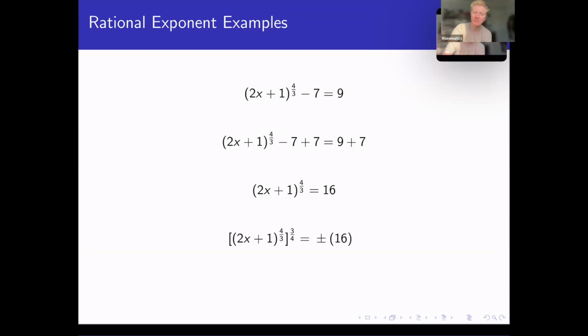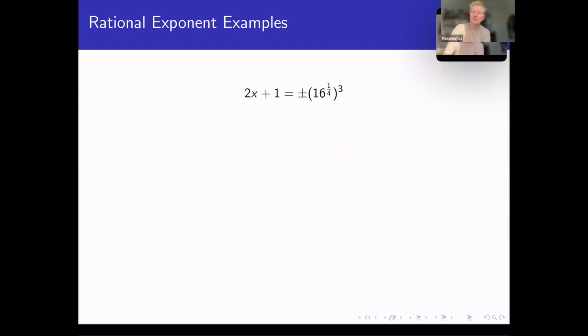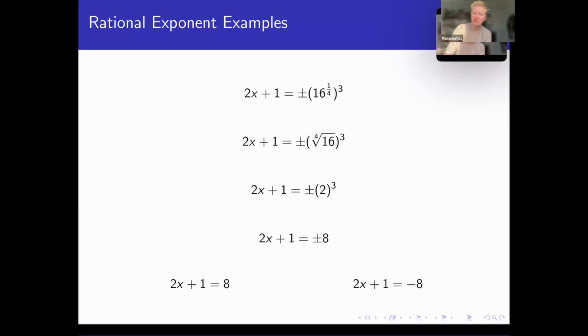So 16 to the 3/4. Okay, 16 to the 3/4 says take the 4th root and then cube it. So 16 to the 1/4, 4th root of 16. 4th root of 16 is 2. 2 cubed is 8.